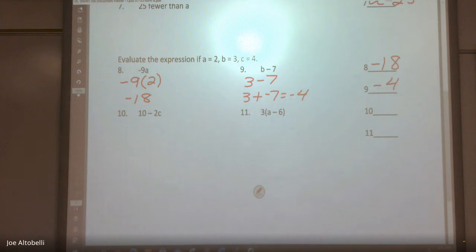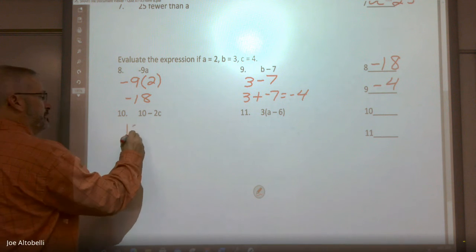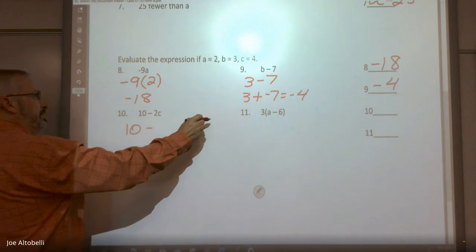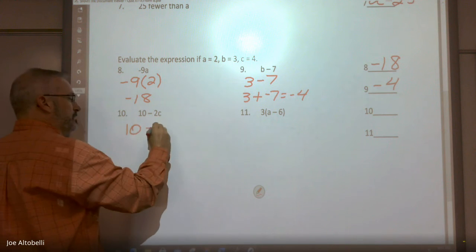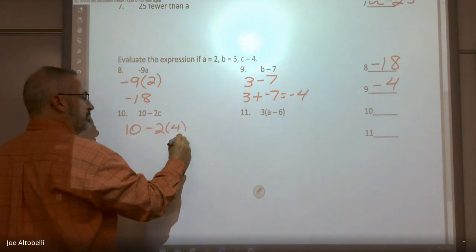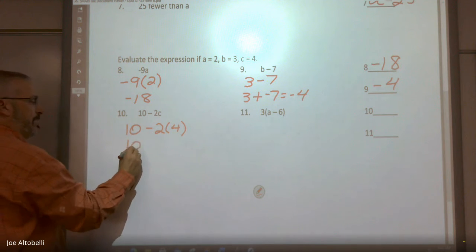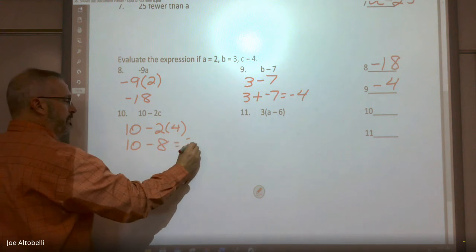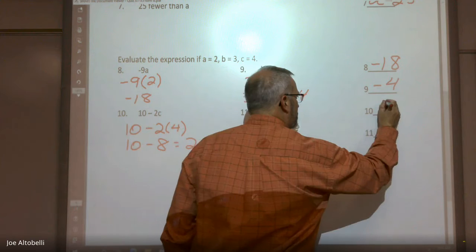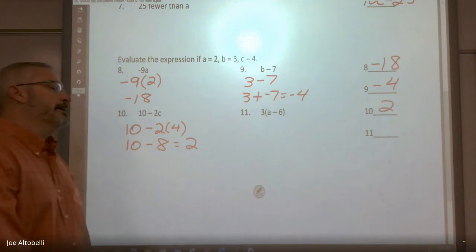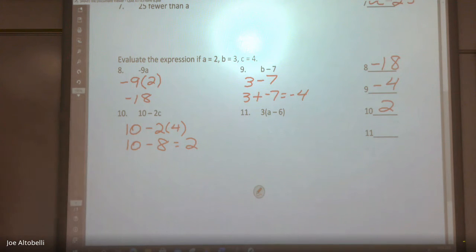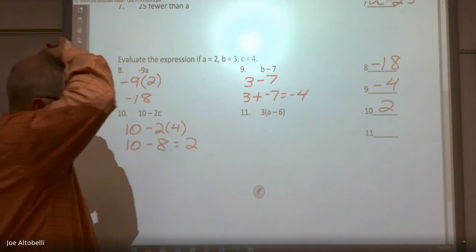Number 10, 10 minus 2C, that's 2 times C. So that's 10 minus 8 is 2. And number 11 is 3 times A minus 6.